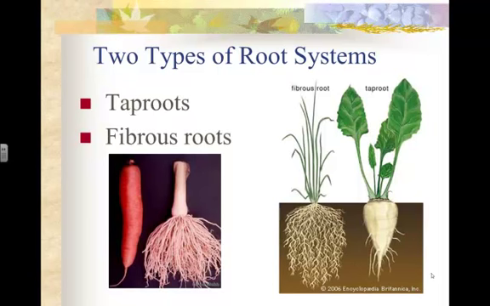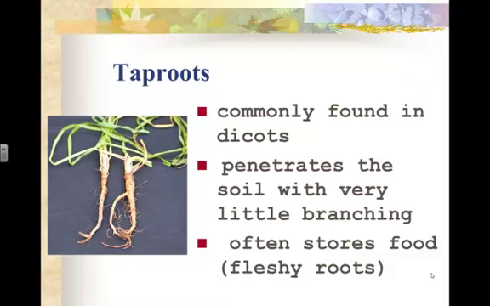Or if you're looking at the monocots and dicots, then you will look at the taproots and the fibrous roots. So commonly found in dicots are the taproots. Now remember, what is our dicot example that you're growing in your seed study? The lima bean. So that would fall under this. And they penetrate the soil with very little branching because there's one main branch.